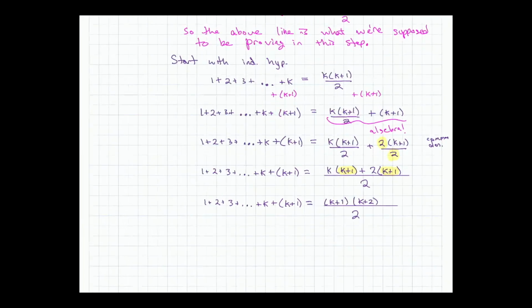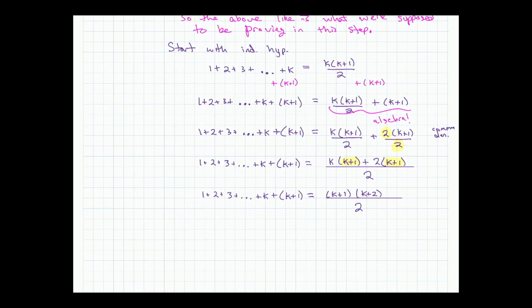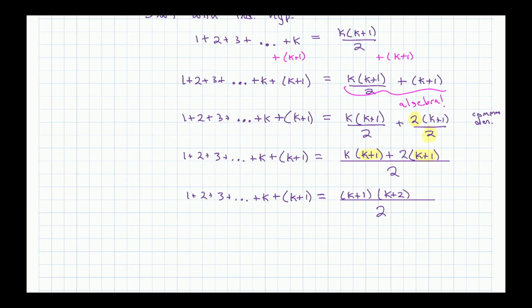We did it. So that's the thing we were trying to prove. This was the induction hypothesis, and we got from the induction hypothesis to this. So this was the k step, this is the k plus 1 step, and we were able to get there. Okay, and that's the entire thing we were trying to do.